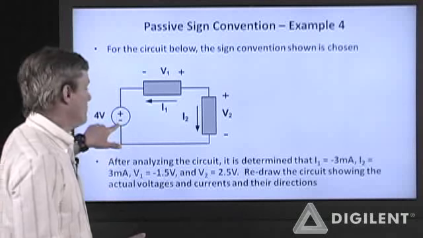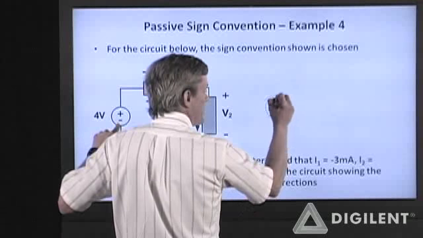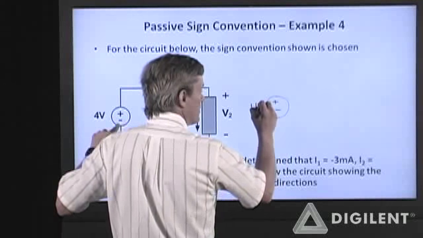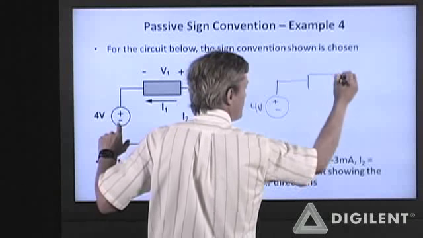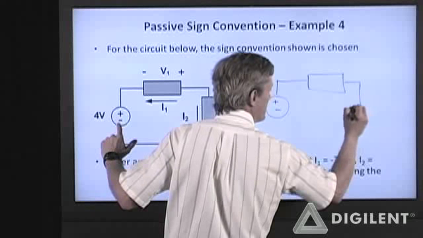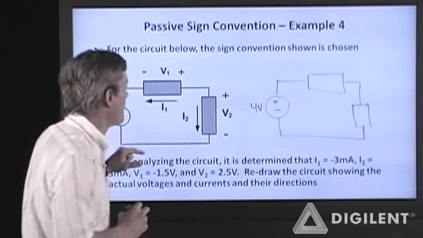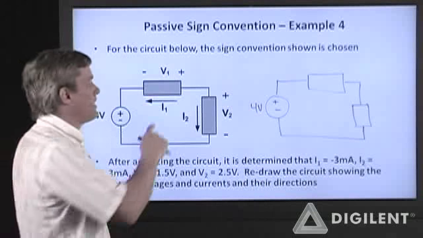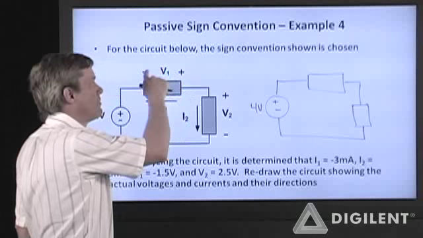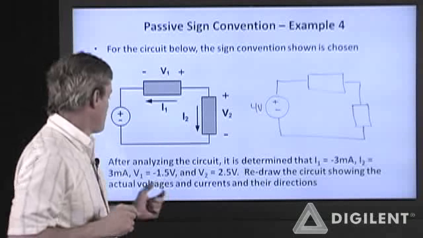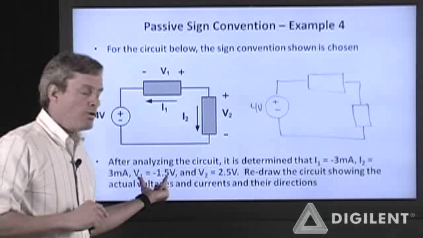Okay, my voltage source hasn't changed, and I still have two passive circuit elements in this configuration. V1 is assumed to be positive here relative to here. V1 is negative 1.5 volts.